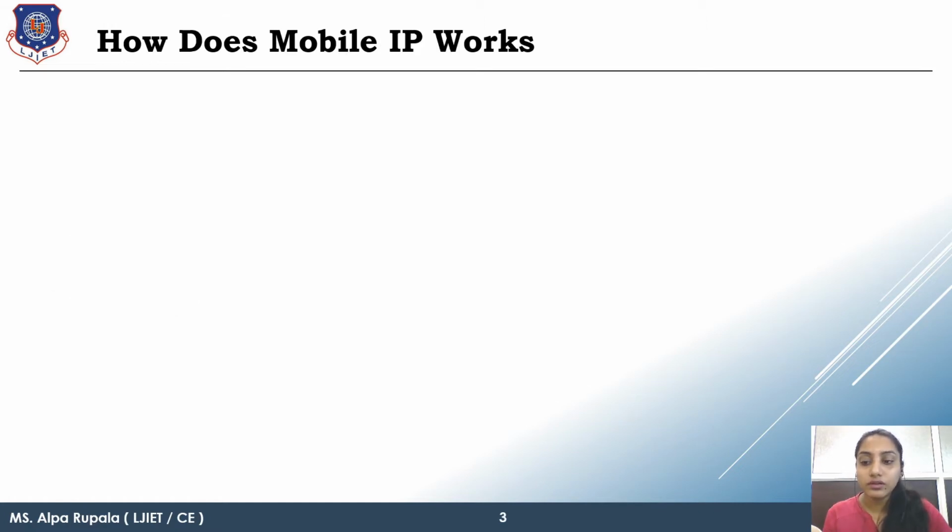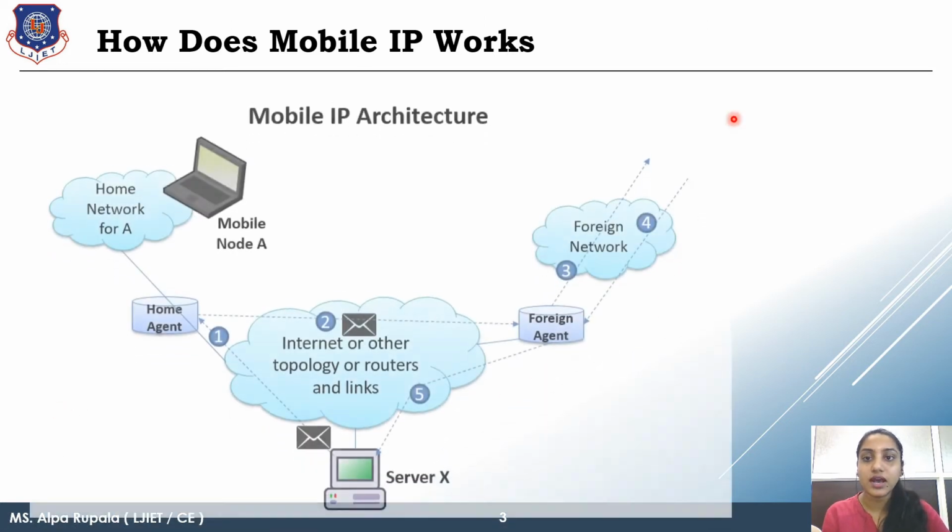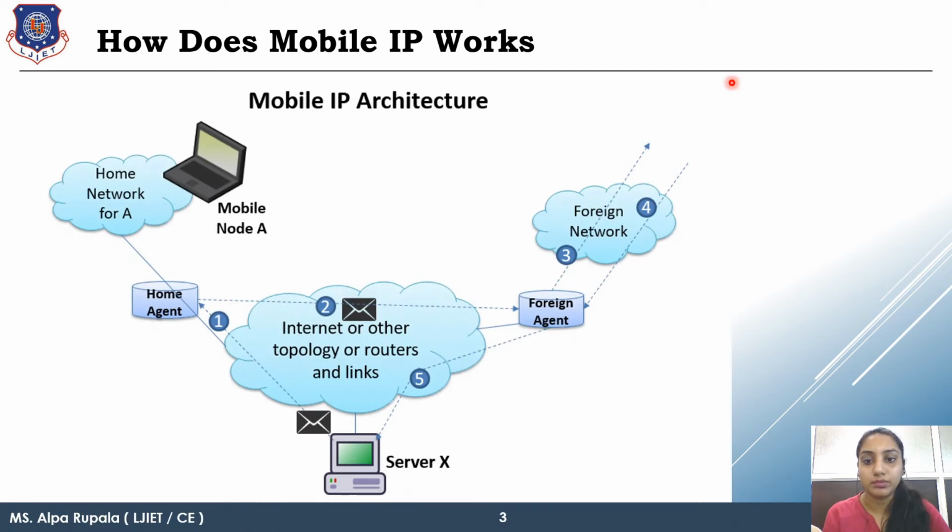We have already learned in our previous lecture the architecture of mobile IP, in which server X is a sender, sending data to some mobile node A, which is a node of the home network for A, but right now it is roaming in another foreign network B. Suppose this mobile node A is over here.